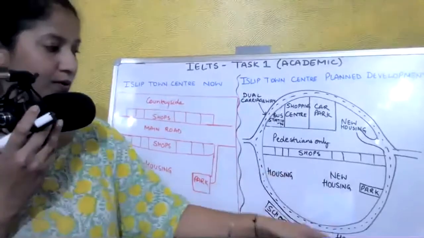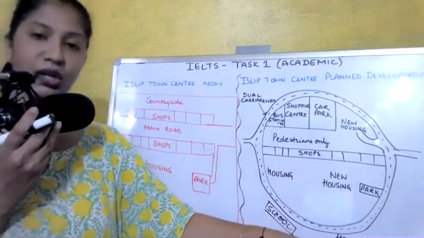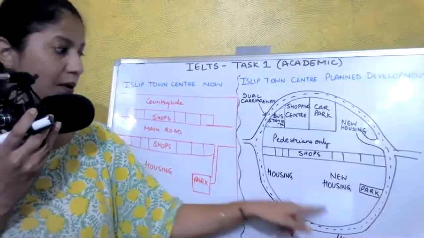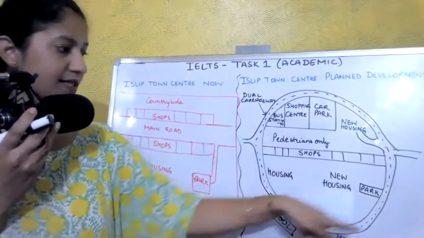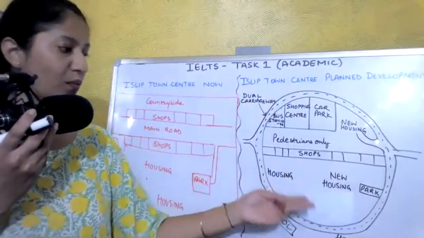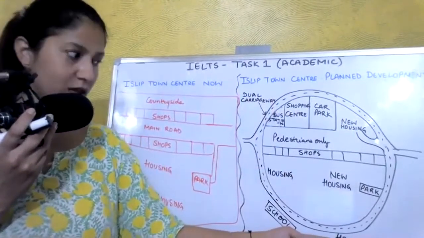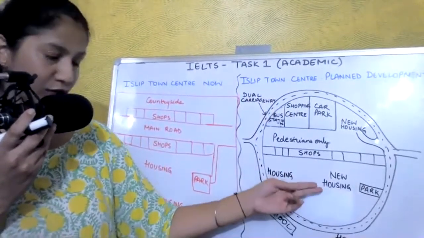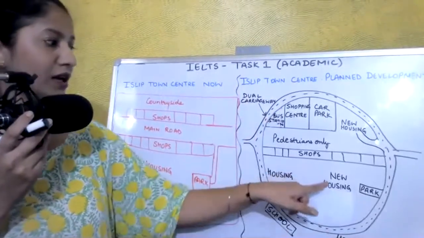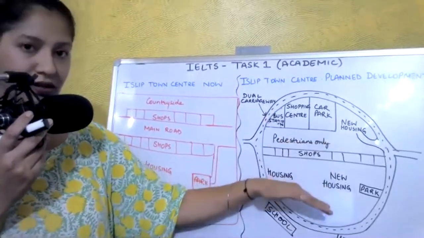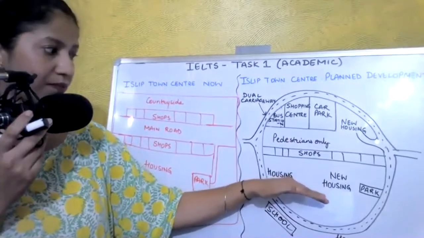These two housings remain in the new plan, but one housing is inside the dual carriageway and one housing is outside the dual carriageway. Full stop. Along with that, a new housing, even to the south of the shops, is planned.